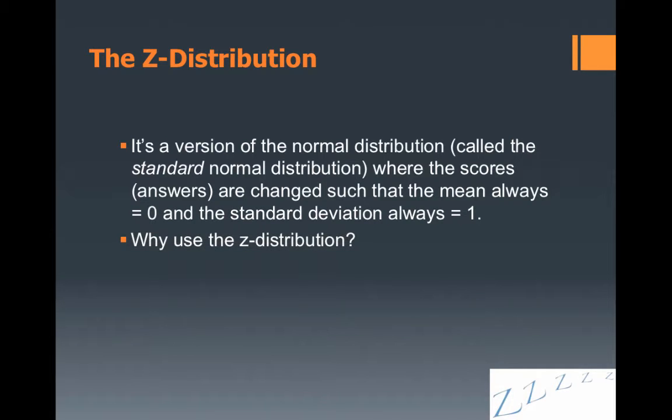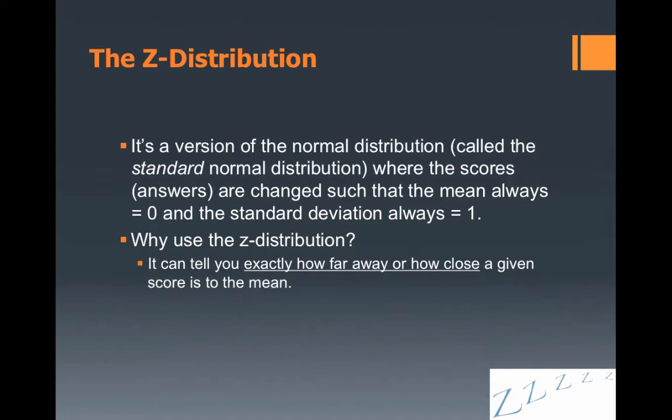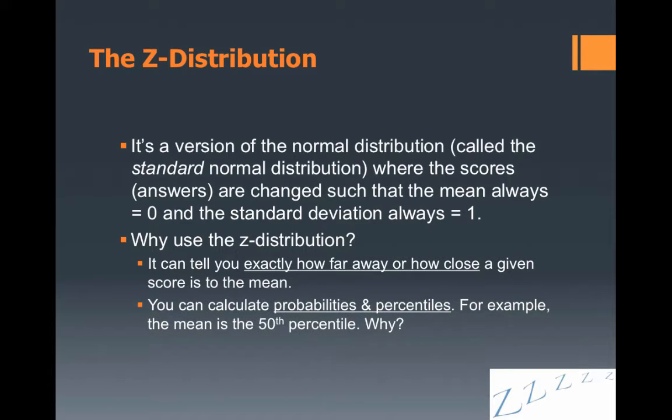And the purpose for this really is so that we can tell exactly how far away or how close a given score is to the mean. We can also calculate probabilities and percentages and percentiles. So for example, if we think about the mean as the 50th percentile, well, why is the mean the 50th percentile?